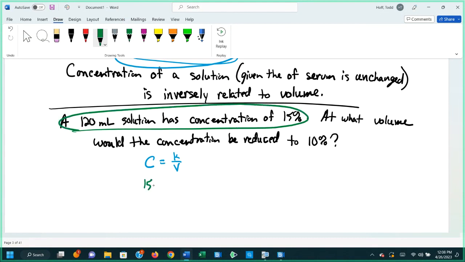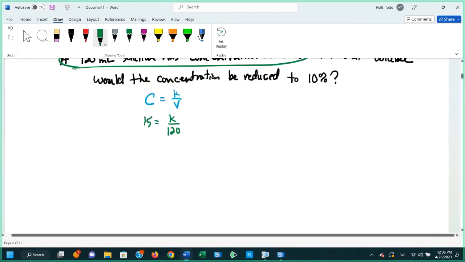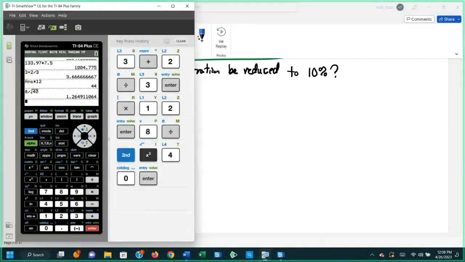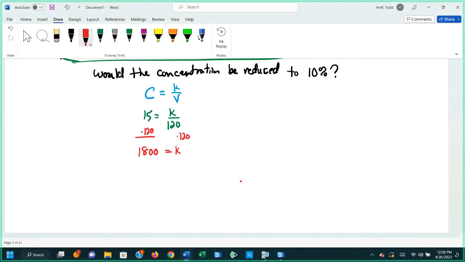So we put 15 in for the concentration, equals K over 120. So we're going to get a really ugly number here. We're going to multiply by the 120. 15% times 120. I believe that's 1,800. I'm going to double check that. It is 1,800. So we know the constant's 1,800.